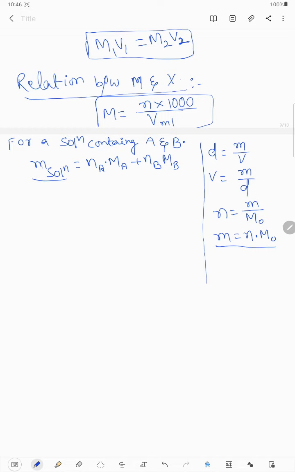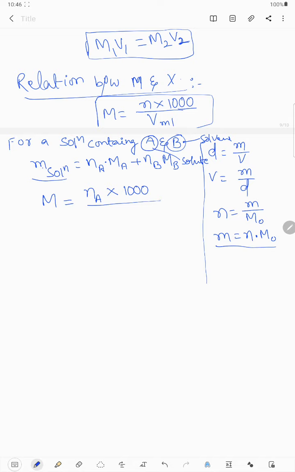Okay. Next one, I am writing again the formula of molarity. Molarity is equal to number of moles of solute. Imagine that A is solute and B is solvent. Then moles of solute is Na, into 1000, divided by volume.